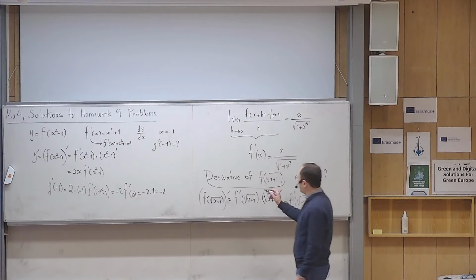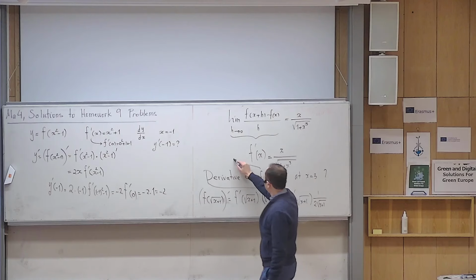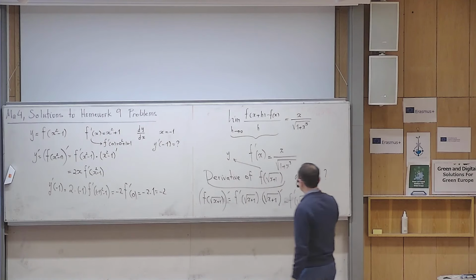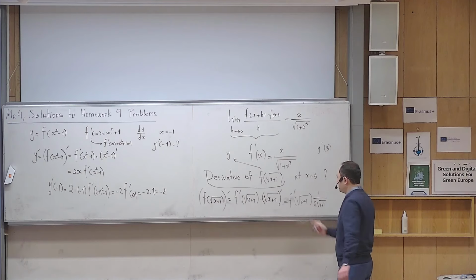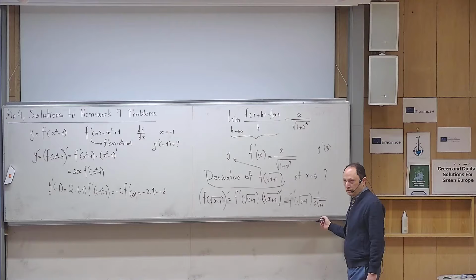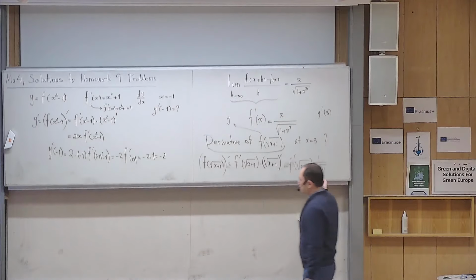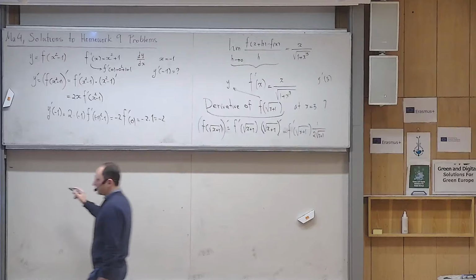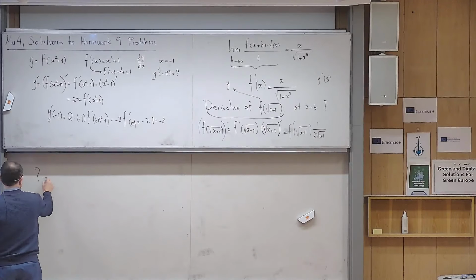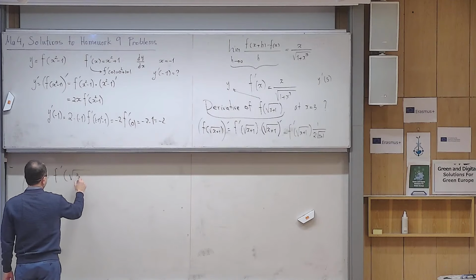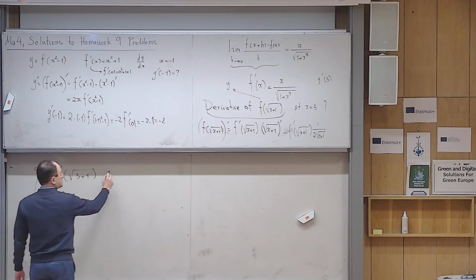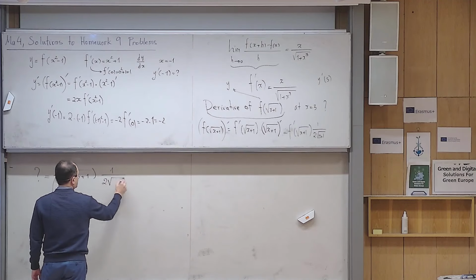If I call this one y, what I want to calculate is y prime of 3. So it means to replace x with 3. Yes? So the question mark is equal to f prime of square root of 3 plus 1 multiplied by 1 over 2 square root of 3 plus 1.